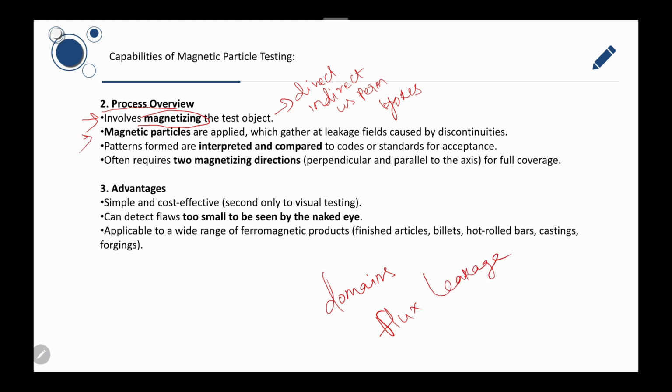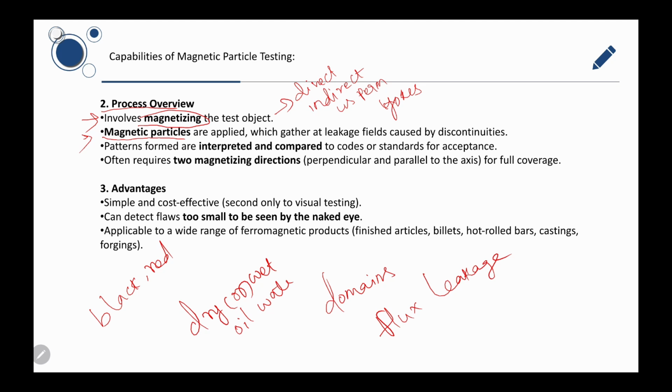The next one is that magnetic particles are applied. The magnetic particles are applied to the surface, either dry or as a wet suspension in oil or water. In the visible method, the particles are colored, black, red or yellow, to contrast with the surface.